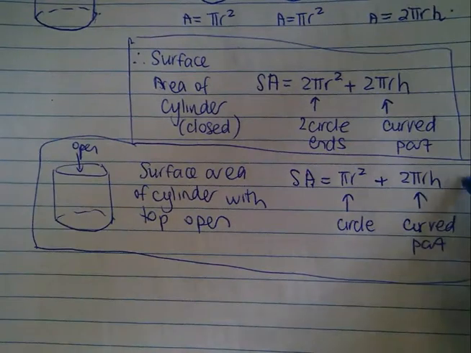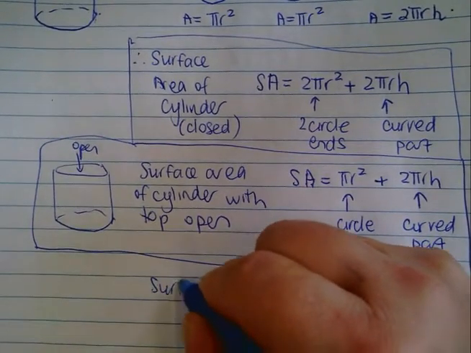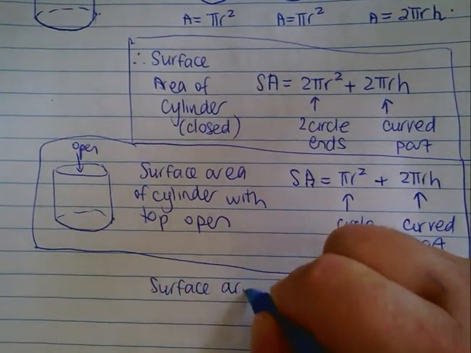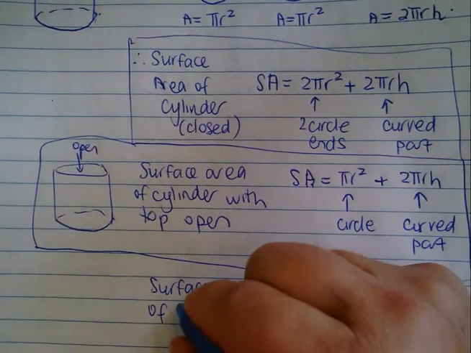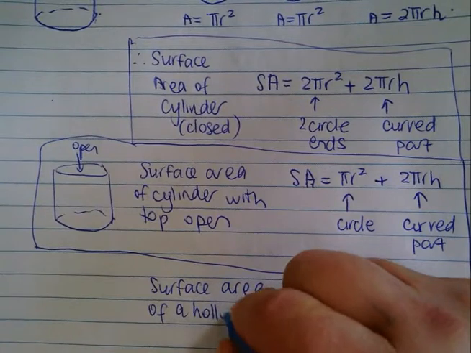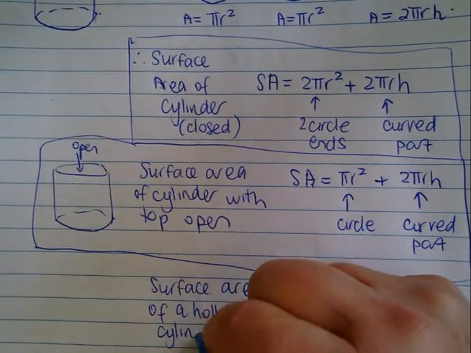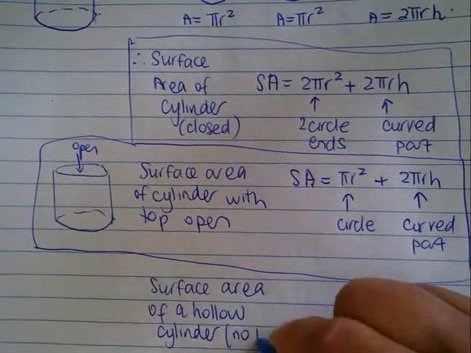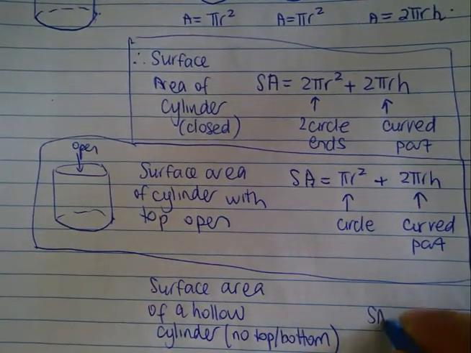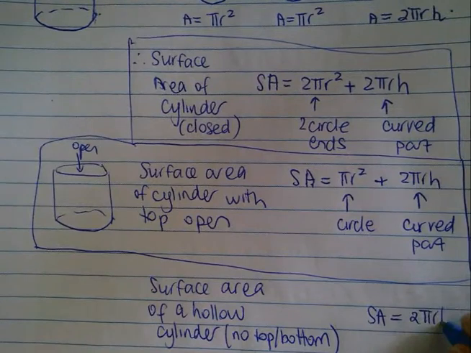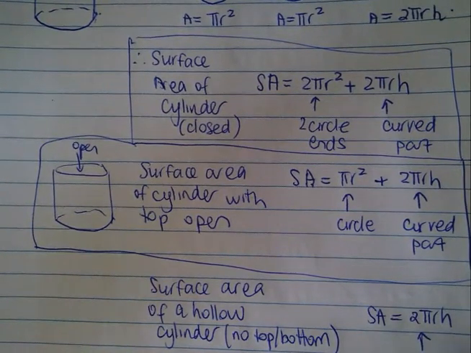Now can I have the formula for the surface area of a hollow cylinder? You know what I mean? Of just a tube. No top or bottom. So what is it? It's only the curved part.